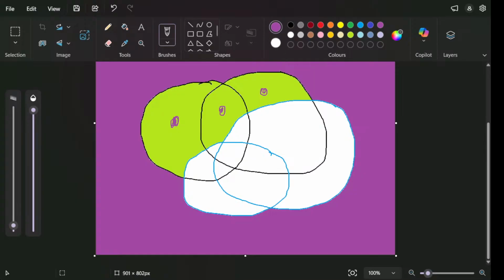What we're saying is that the union of F intersect G's complement, so if I take F and intersect it with G's complement and then union it all together, that should be a subset. Well, actually, it's exactly the same here, right? It's these three regions, the ones with the purple dots in them.